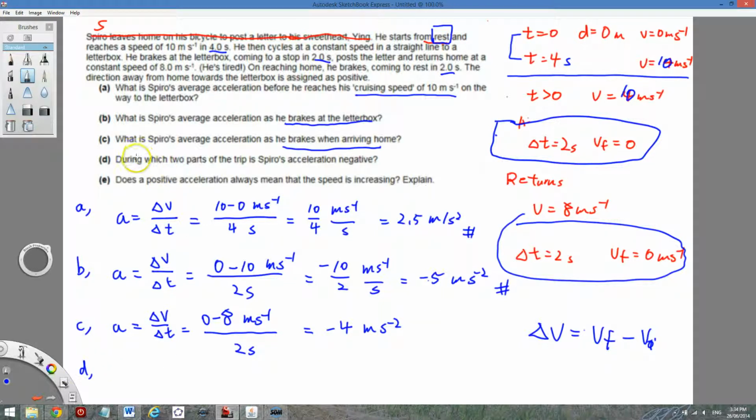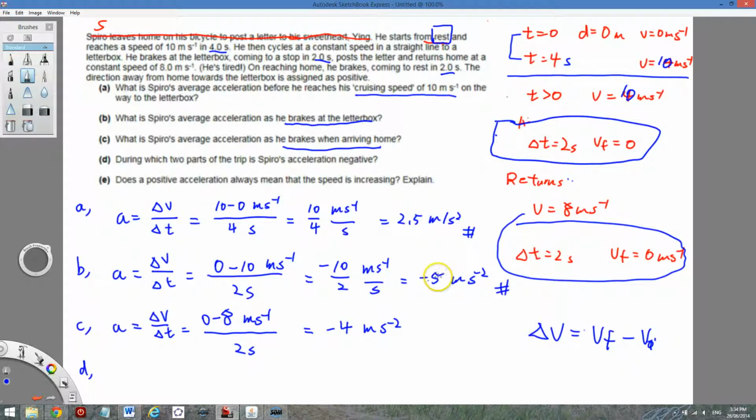Now, question D. During which two parts of the trip did he accelerate negatively?